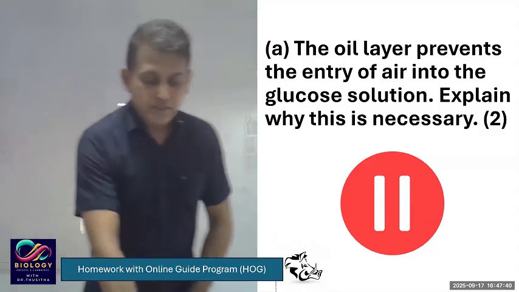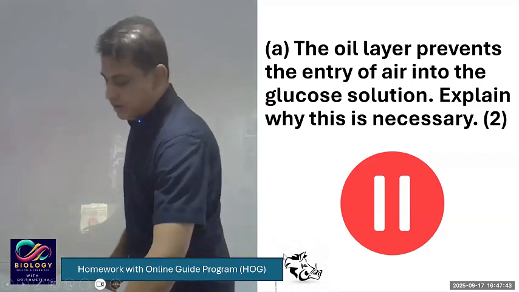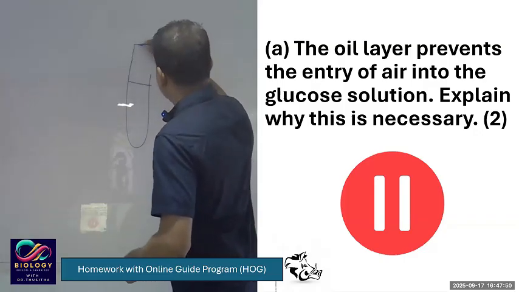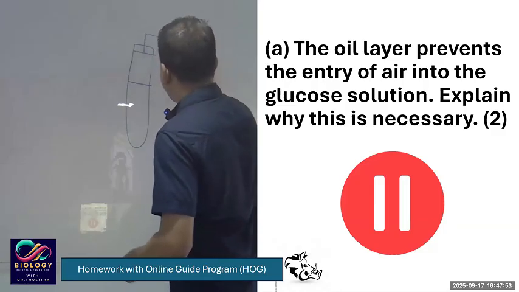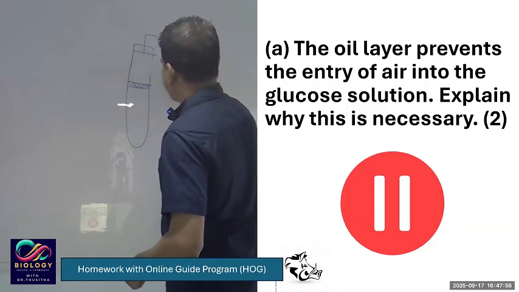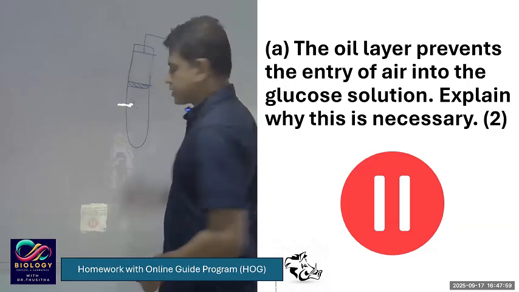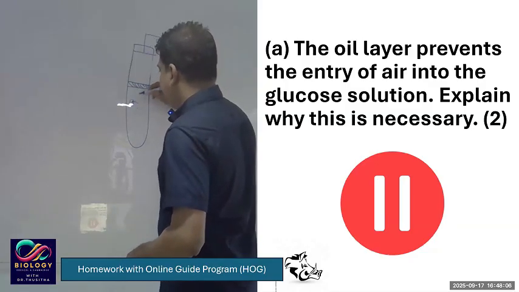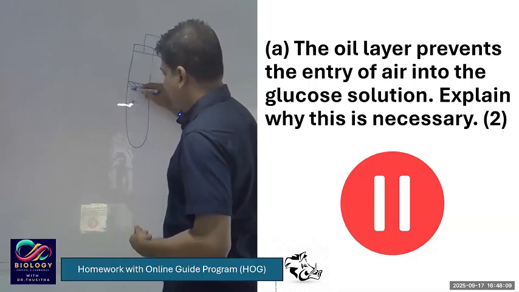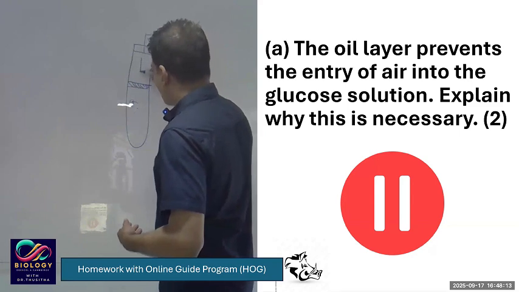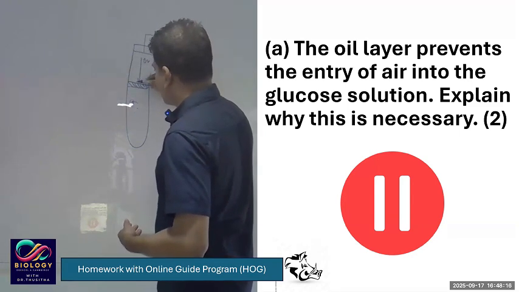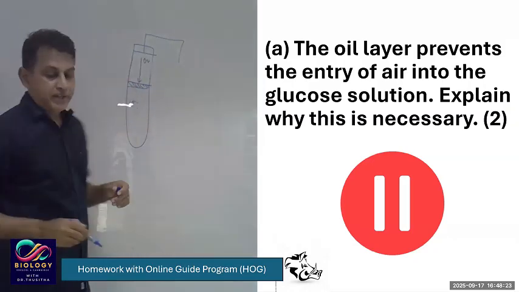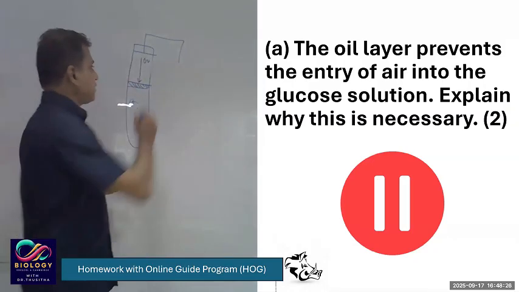Now, when the test tube is covered with the oil layer like this, right now this is yeast and that's glucose. The yeast take up the glucose and do respiration in this solution, and if oxygen wants to come to this place, it cannot, because the oil layer prevents entry of the oxygen. So that's the main point.